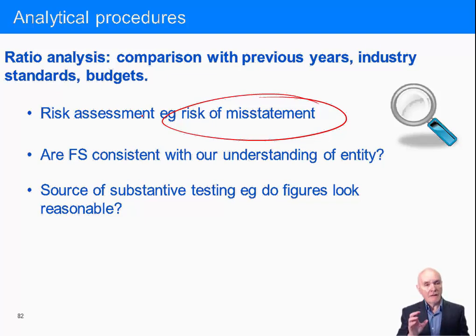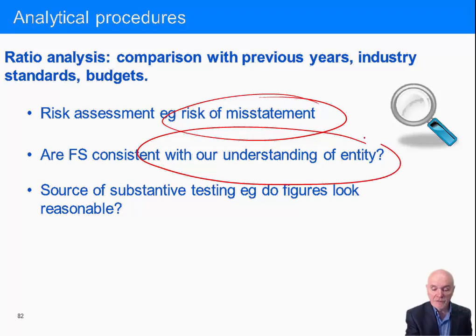So analytical procedures can of course be used at the planning stage. You are presented with your financial statements, you do the ratios, and gosh, that's very, very different to last year. This looks like a high risk area. Of course, the company might have worked a miracle and got it from 30% to 50%, but prima facie, it's an area that you should be worried about. You can be looking also, how does it fit in with our understanding of the entity?